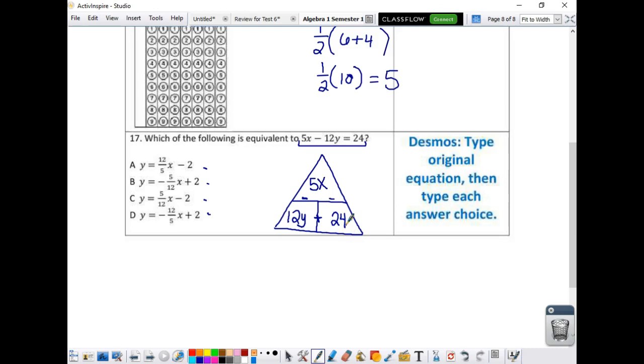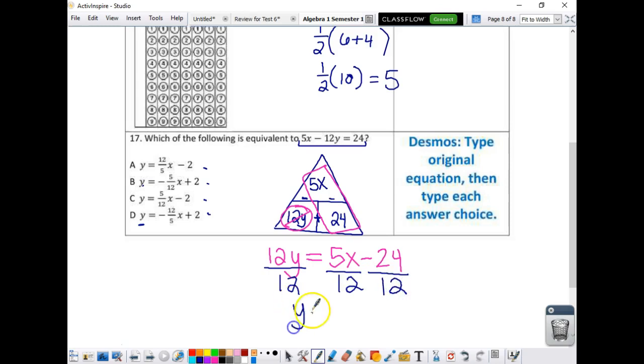And you want to change it over to y equals something. So it's in mx plus b form. So you're going to take the y value first, 12y. And that's going to equal 5x minus 24. From here, you need to reduce the 12. Because if you notice, your answers only have y's on them. So if I divide by 12, I need to divide every term by 12.